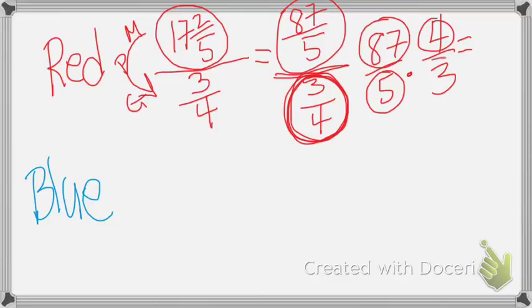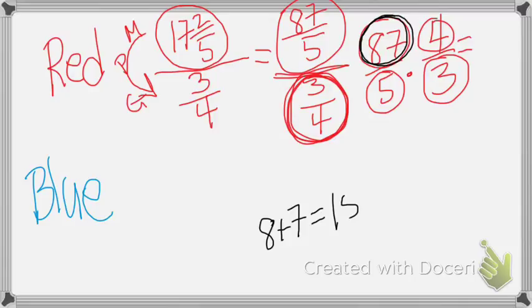87 and 3 have a common factor. How do I know that? Well, let's talk about that just for a second. If you know the trick, and I love this: if you take any number and add its digits, in this case its digits are 8 and 7. If I add 8 and 7, I get 15.